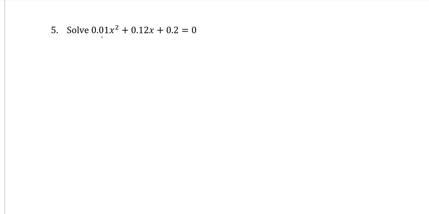Because some of my numbers in here have 2 decimal places, I'm going to multiply this whole thing through by 100, because that will get rid of them. 0.01 times 100 is just 1, so it's just x squared. 0.12 times 100 is 12x. And then 0.2 times 100 is 20, and it's still equal to 0, because 0 times 100 is 0.